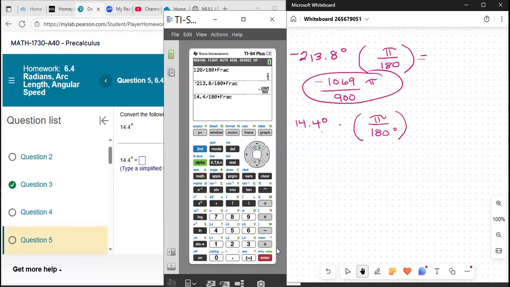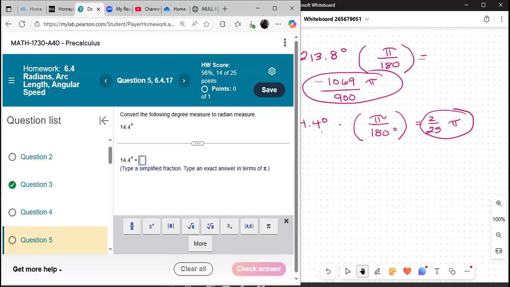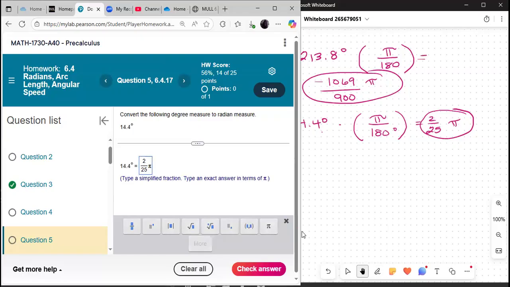Math, enter, enter, gives us 2 over 25 pi. It says type an exact answer in terms of pi. So we'll have to keep that in our answer. So 2 over 25 pi.